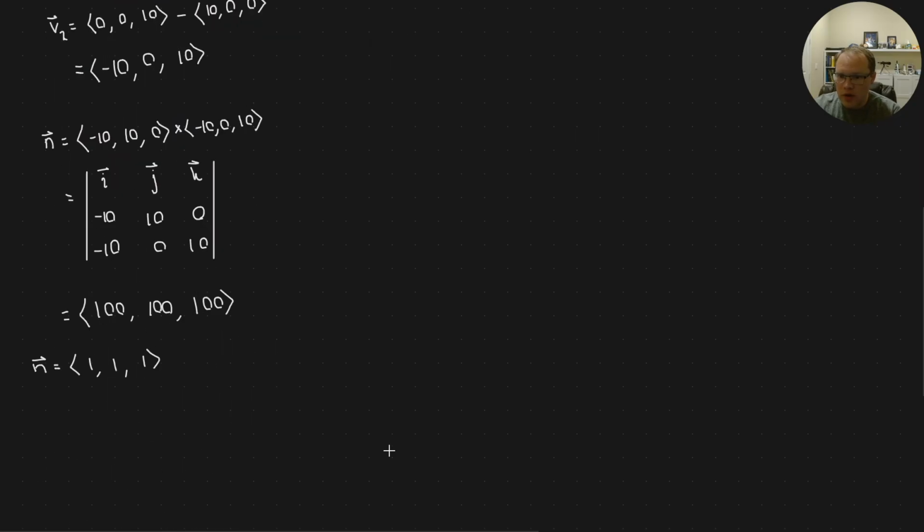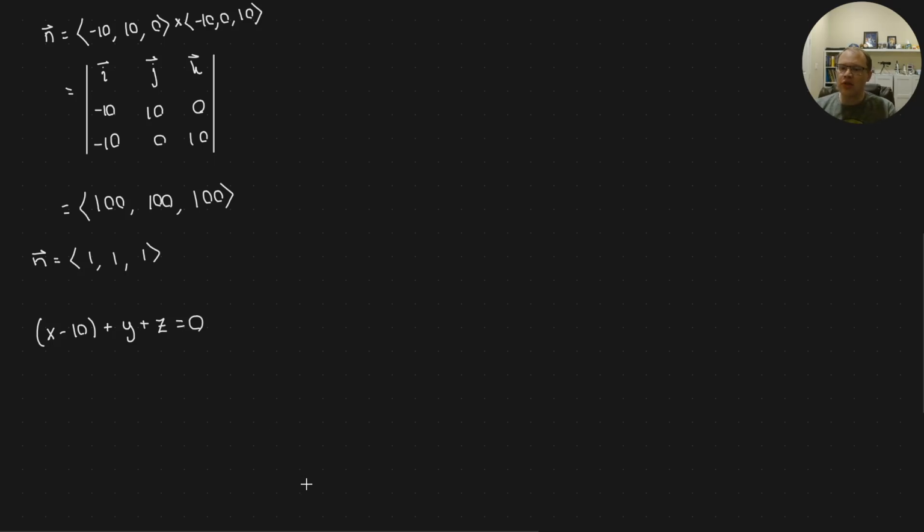And so the equation of the plane is 1 times (x minus 10) plus y plus z equals 0. Using 1, 1, 1 as the coefficients, and then using the point -10, 0, 0 as the point on the plane. Okay? Now I need to find a parameterization for the surface.